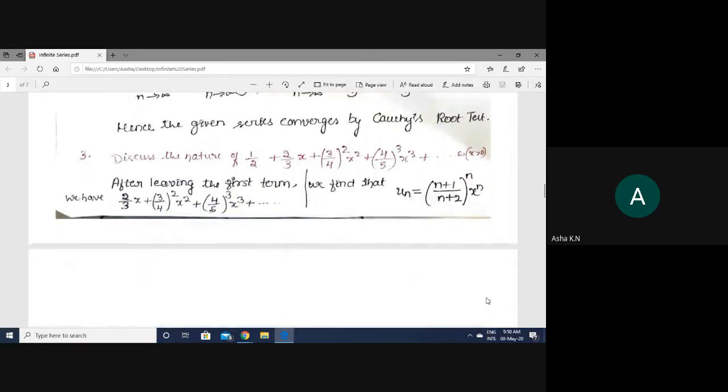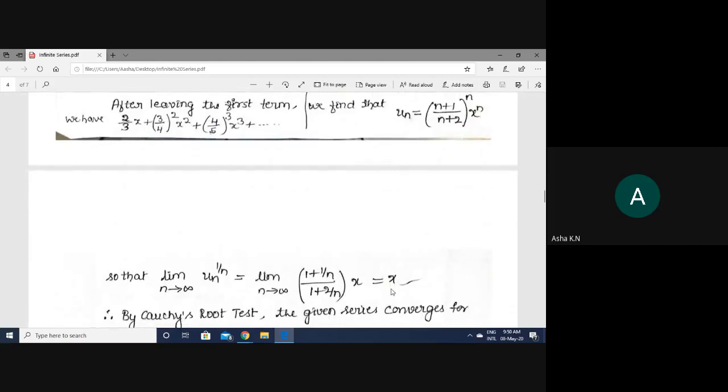For un you take this limit as n tends to infinity of un power 1 by n. Power n is already there for both the terms. When you take 1 by n, that power n and 1 by n will get cancelled. Now you are left with n plus 1 by n plus 2 into x.